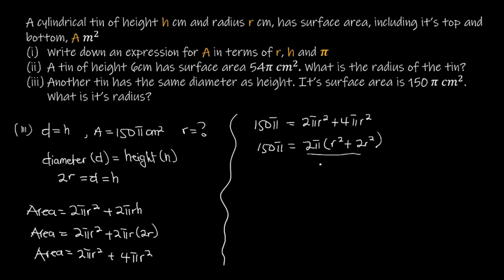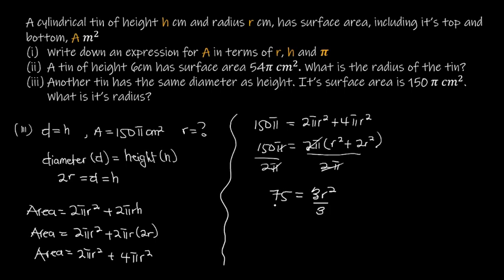So from here I divide both sides by 2 pi. This cancels this, this cancels this. 150 on 2 will give me 75 is equal to, over here I have r squared plus 2r squared, that will give me 3r squared.